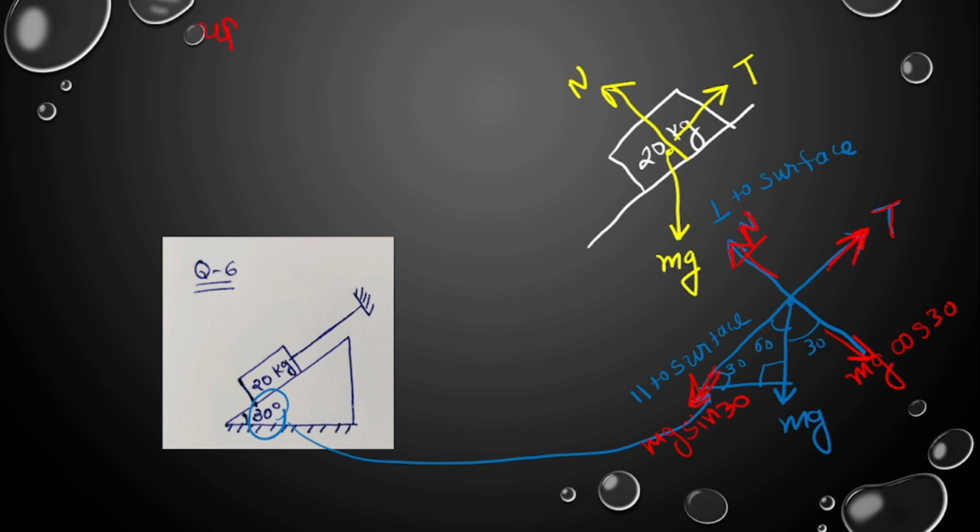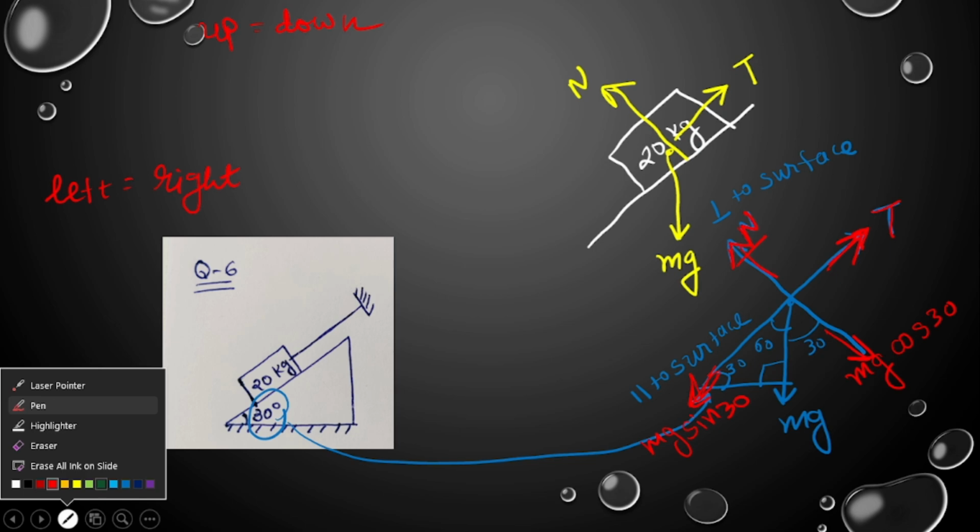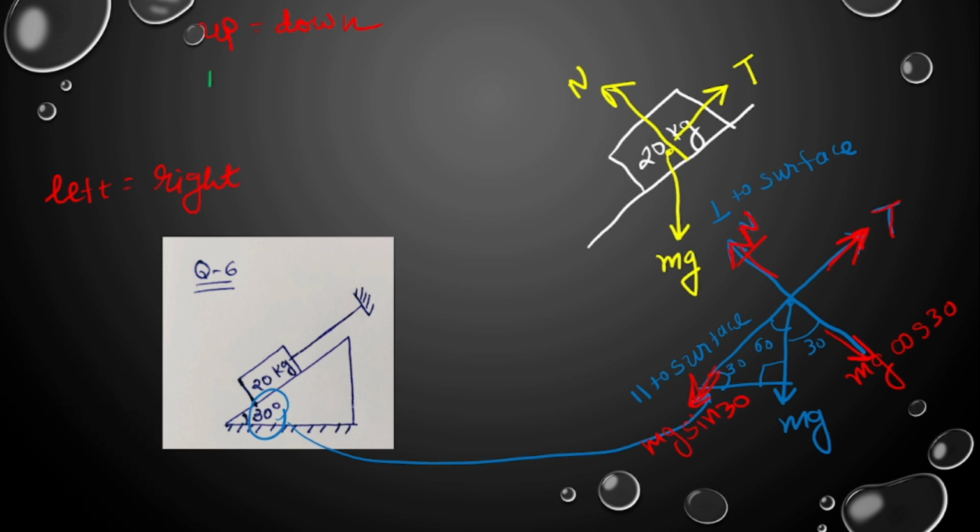Again, up equals to down and left equals to right. So up is normal and down is mg cos 30. That is 20 times 10 times root 3 by 2. So the normal will be 100 root 3 Newton.